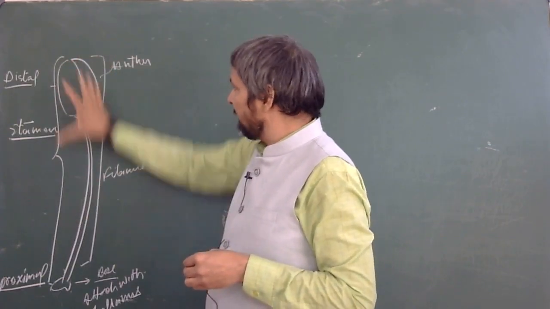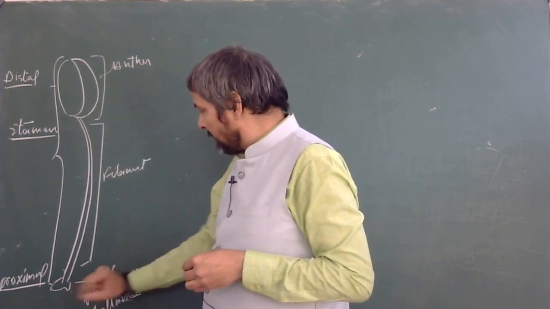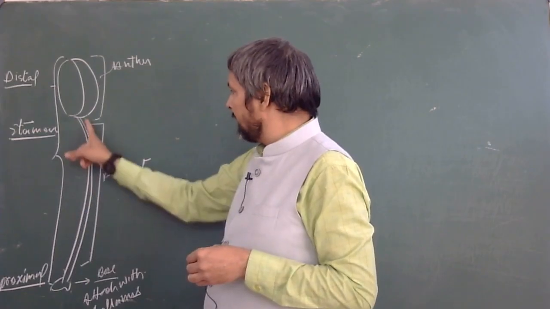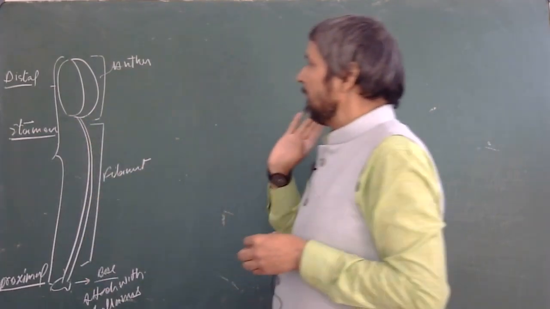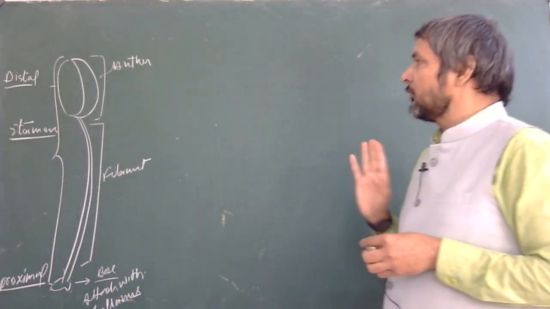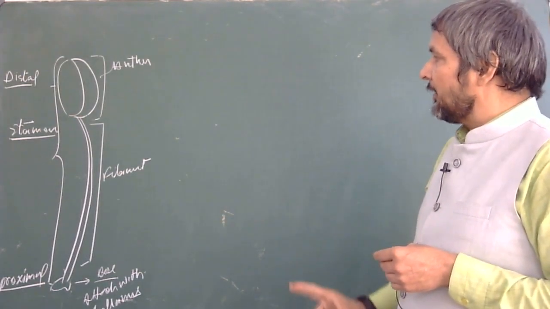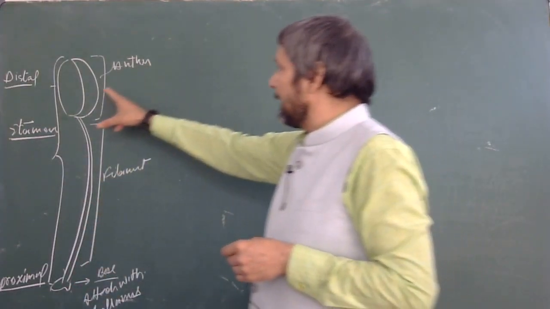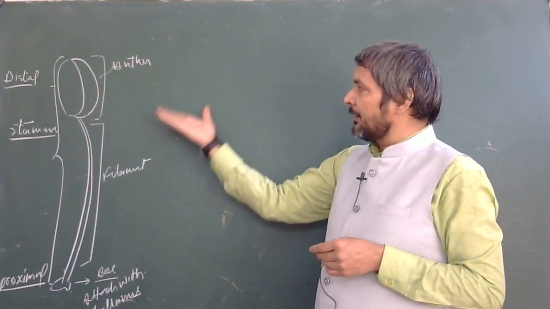The distal part is composed of the anther, the basal part, and this slender fine structure known as the filament. So you can divide a fully matured stamen of an angiosperm into three parts: the proximal basal part, and the distal part known as the anther, where pollen grains will develop.